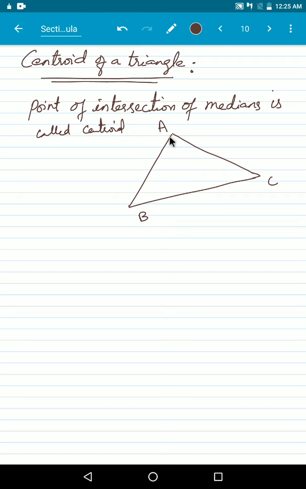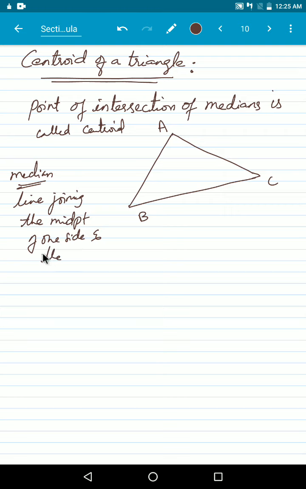Now see, first let us learn what is a median. See, median is a line joining the midpoint of one side and the opposite vertex.